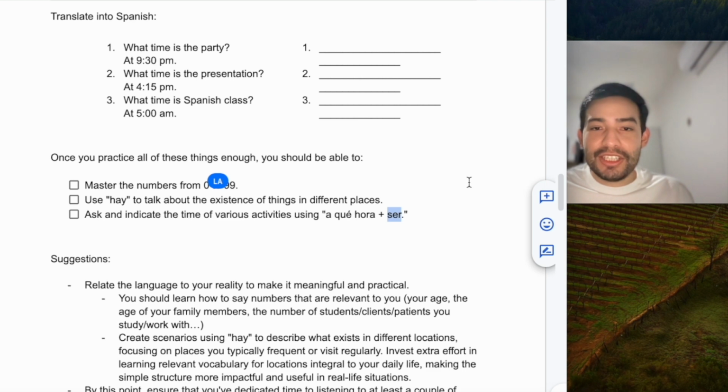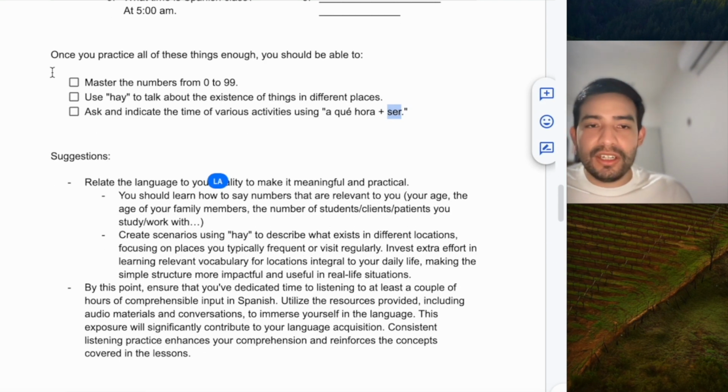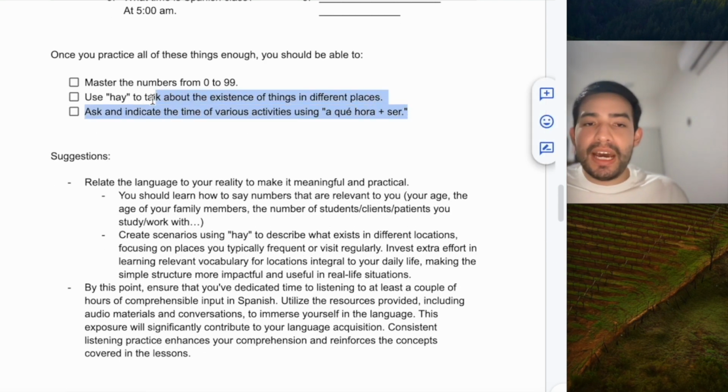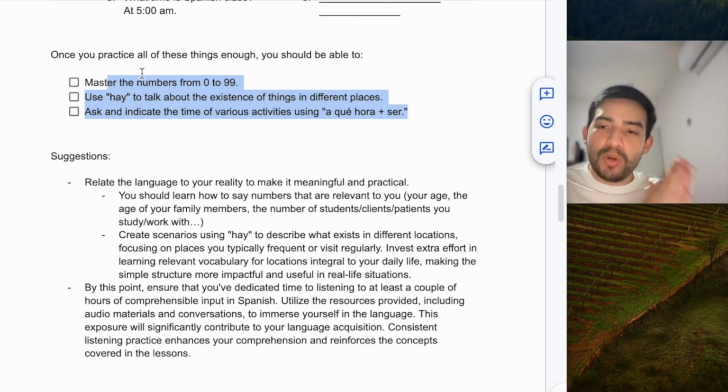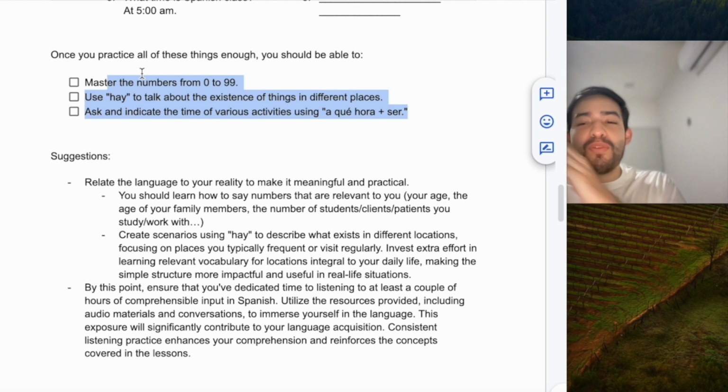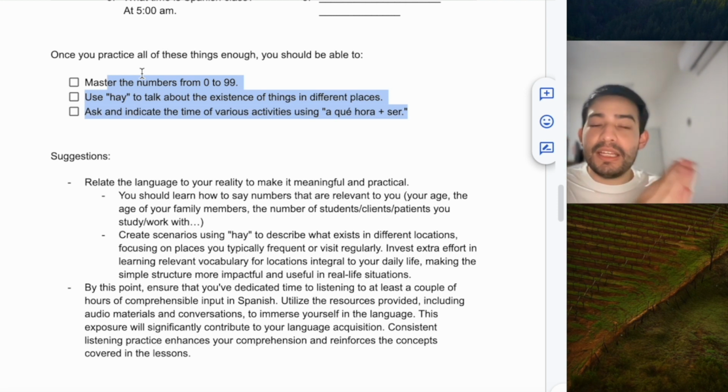Now, some suggestions. The first one is not here, I just want to tell you. If you add all of these things that you should be able to, that I always write at the end of each lesson, you should be able to do a lot of things, right? So that's why I always tell you, get comfortable with one lesson, practice enough, and then practice some more, and then move on to the second lesson. Remember that in between lessons, I always give you suggested listening activities or reading or something.